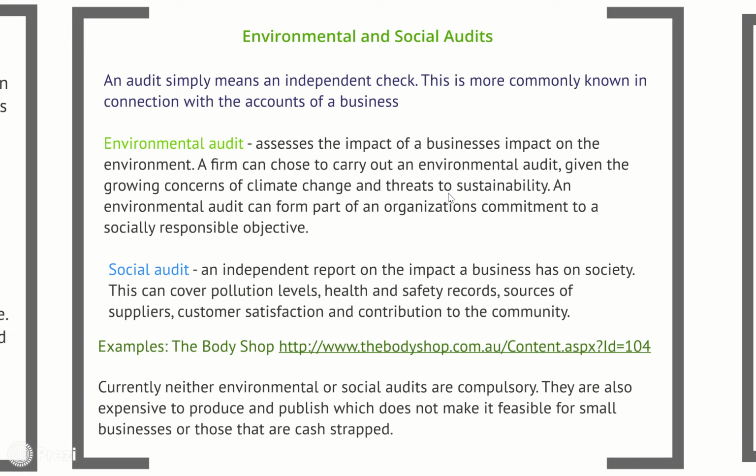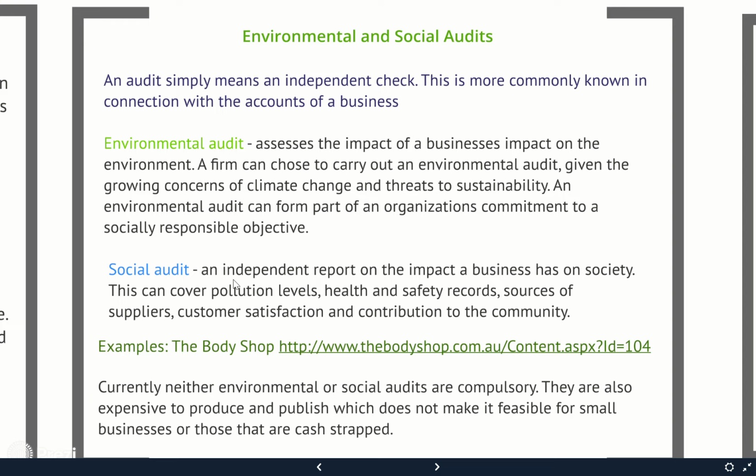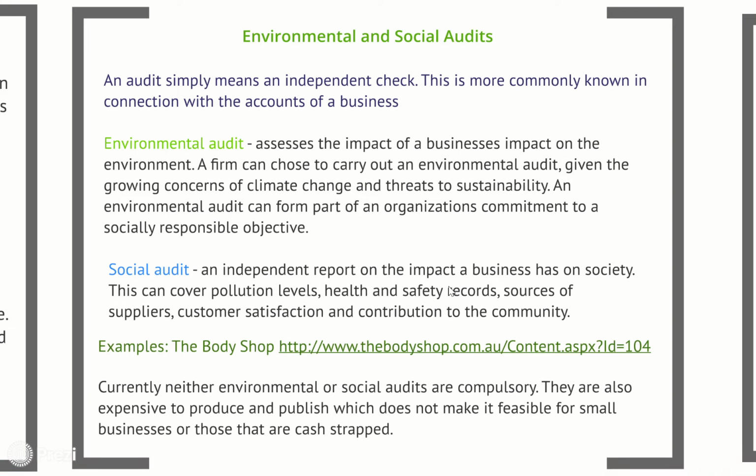And a social audit has nothing to do with the environment. It is an independent report on the impact the business has on society. So not necessarily only inside the company, but outside, how it helps people. This can cover pollution levels, health.